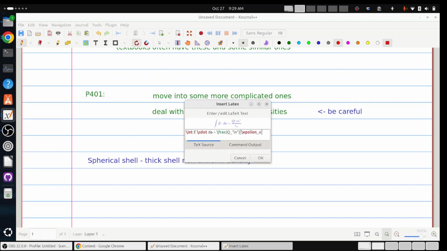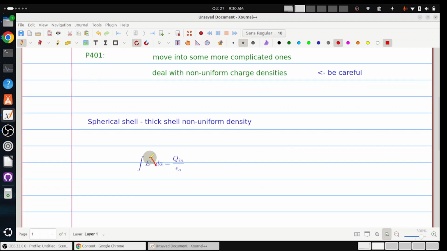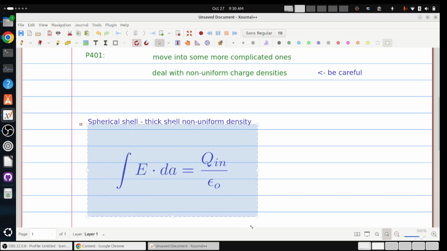Hopefully I got that all. So this is our basic equation.